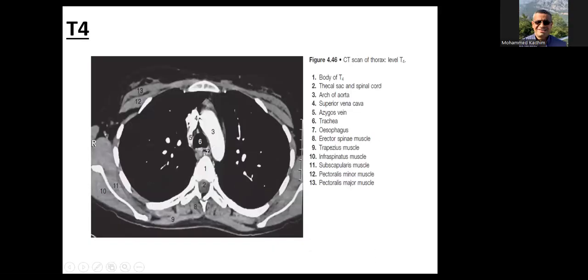At the level of T4, we see the vertebral body of the fourth vertebra, the aortic arch, trachea, partially collapsed esophagus, and the superior vena cava and azygos vein.